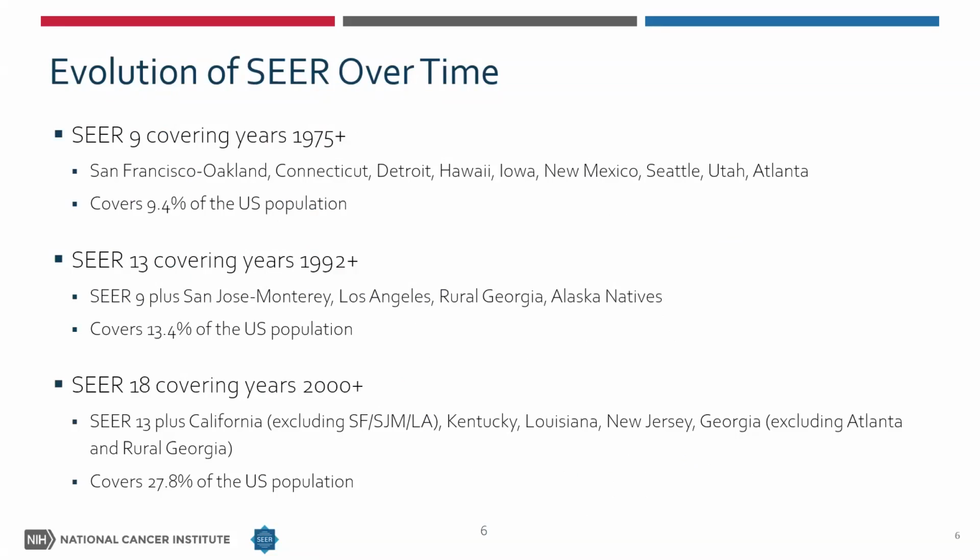With those registries added, the population coverage went from 9.4% to 13.4%. And then in 2000, SEER expanded again to add California, Kentucky, Louisiana, New Jersey, and some parts of Georgia. And with that, the coverage went up to 28% of the US population.